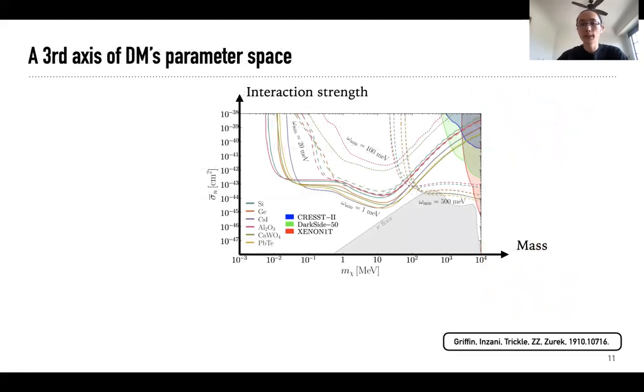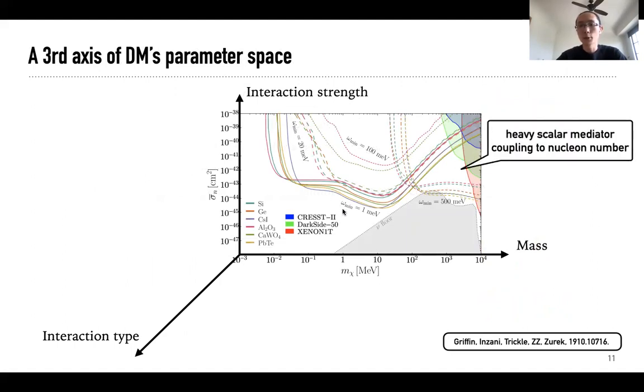So up to this point, what I've been showing is a two-dimensional parameter space, a cross-section or interaction strength versus the dark matter mass. But of course, there should be a third axis: the interaction type, how the dark matter couples to the standard model particles. This plot that I just showed corresponds to a particular benchmark model where we assume that there is a heavy scalar mediator that couples the dark matter to the nucleon number.